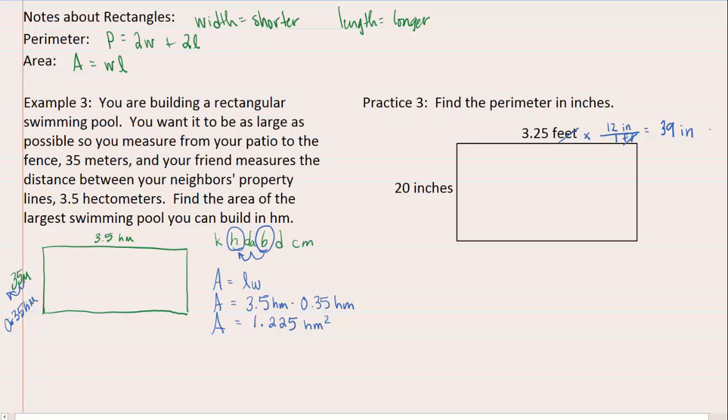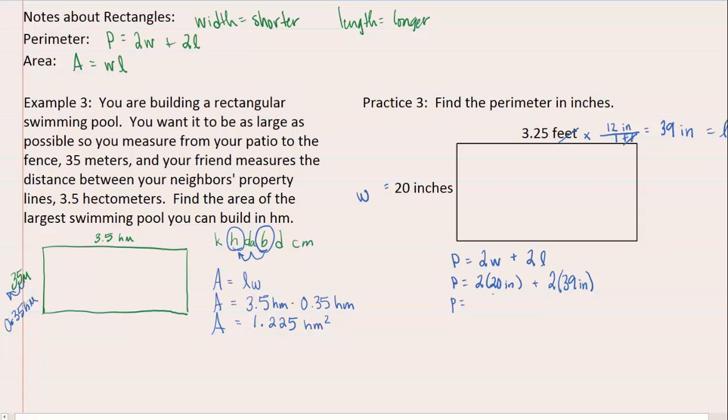This would be the side considered the length, and the 20 inches would be the side considered the width, seeing as the width is the shorter side. To find the perimeter, we need to do 2 times the width plus 2 times the length, which means we will need to do 2 times 20 inches, which was the width, and then add that to 2 times 39 inches, which was the length.